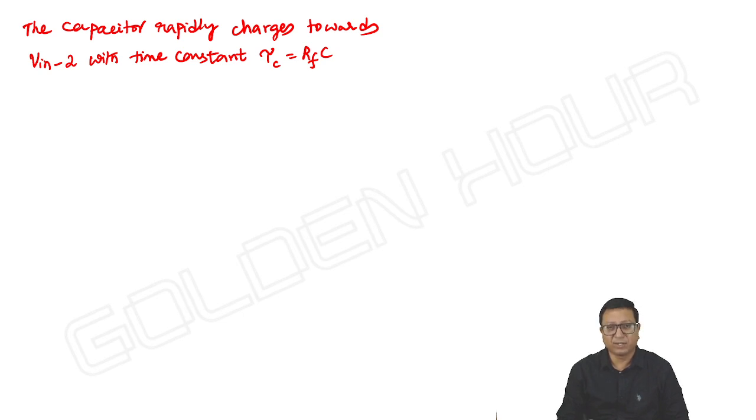If you take a practical diode also, the time constant is RF into C. It's a very small value.